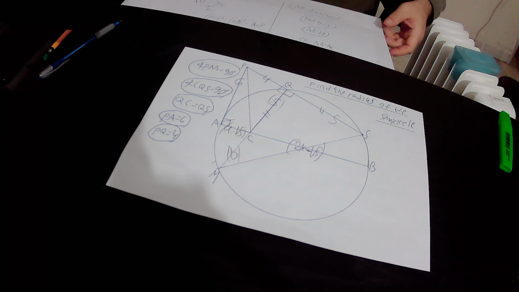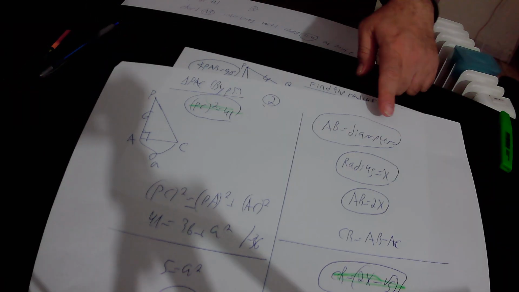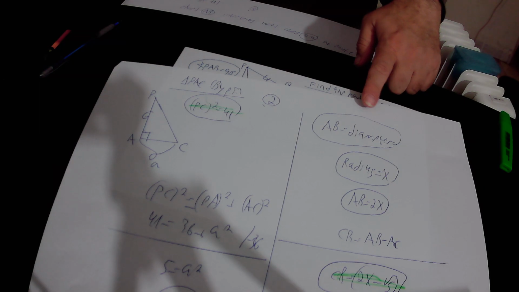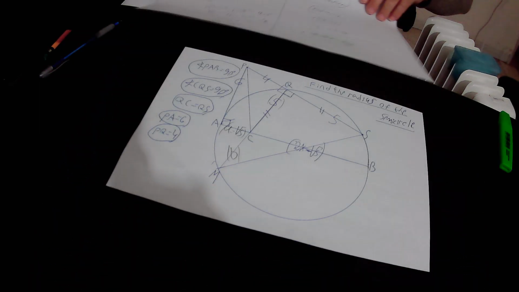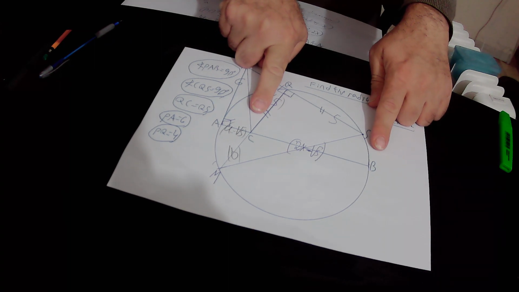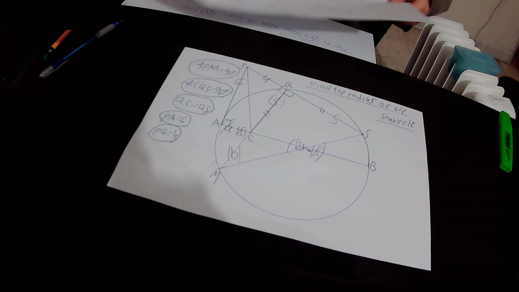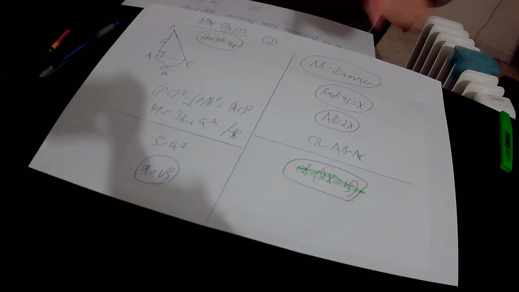What is the length of CB? From the drawing it is very easy to see that CB equals AB minus AC. That is to say, CB equals AB, which is 2x, the diameter of the semicircle, minus AC.